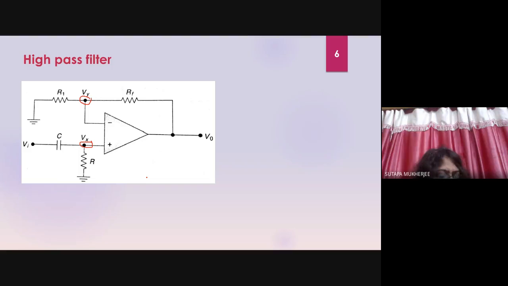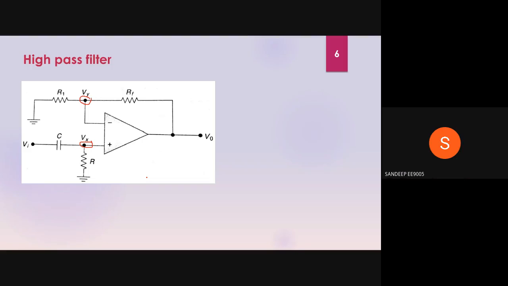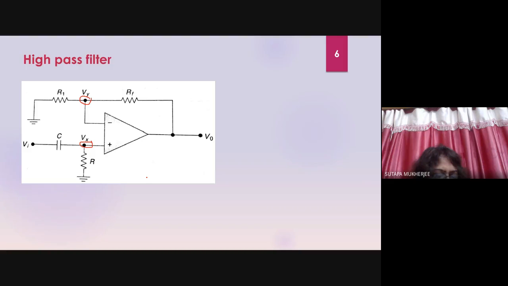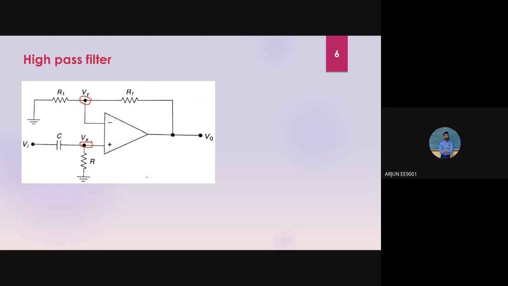Have you completed it fully? Ma'am, Vy equals V0 R1 by R1 plus Rf. Yes, that is equal to V0 R1 divided by R1 plus Rf.